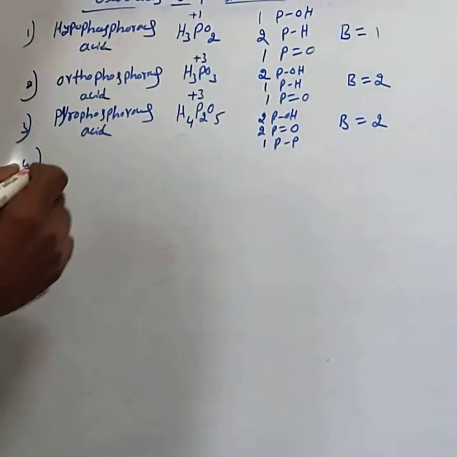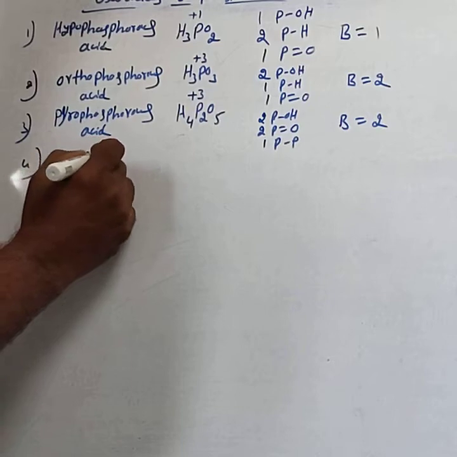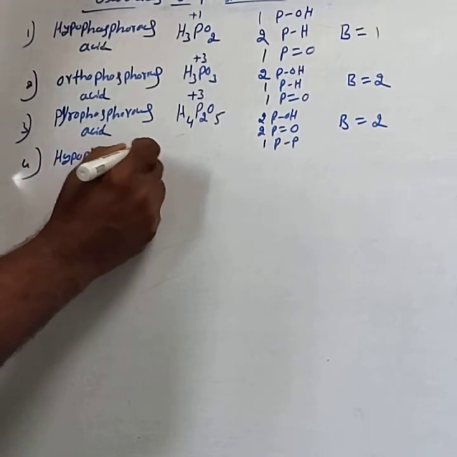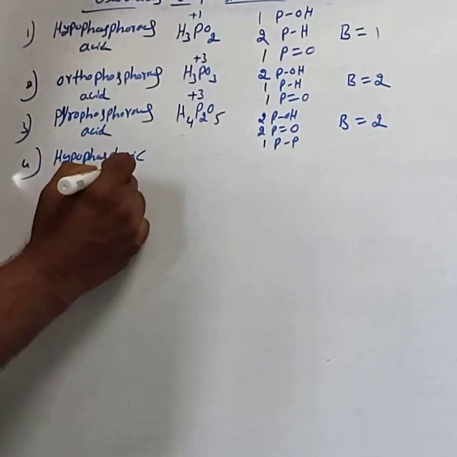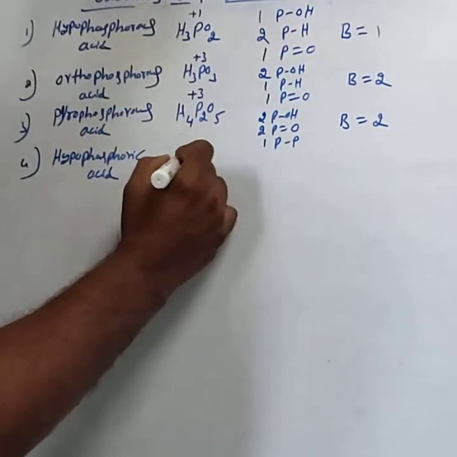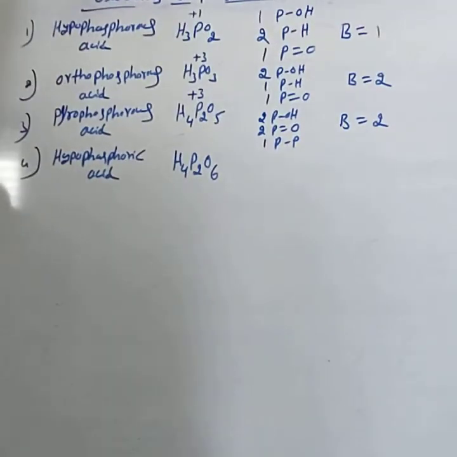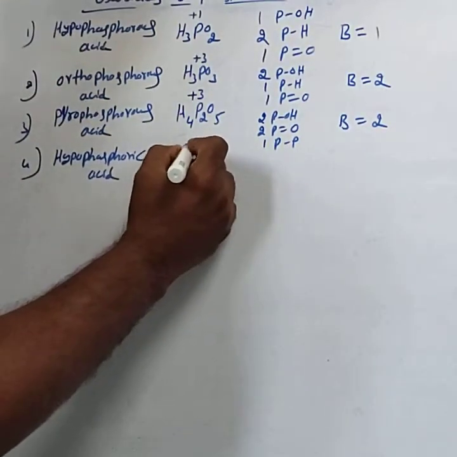Next one is hypophosphoric acid. Hypophosphoric acid formula is H4P2O6. Oxidation state is +4.